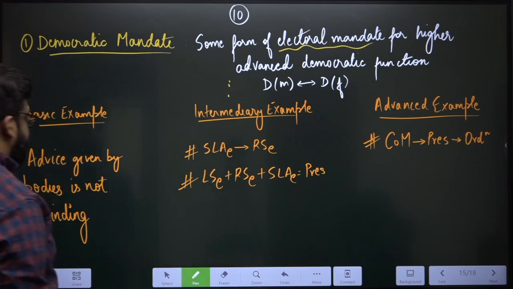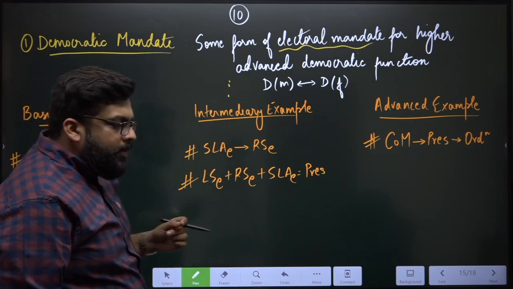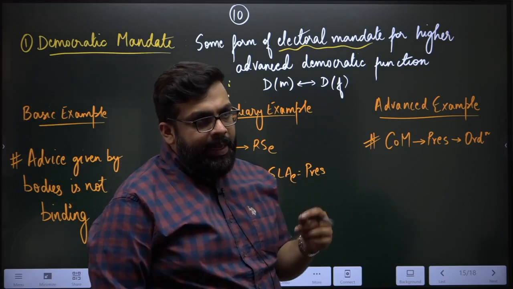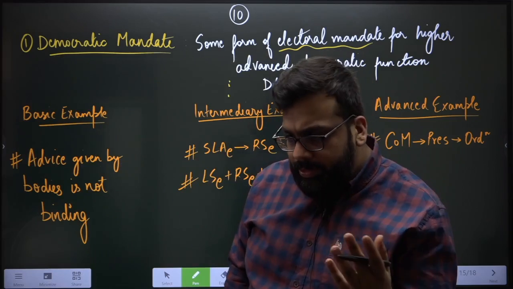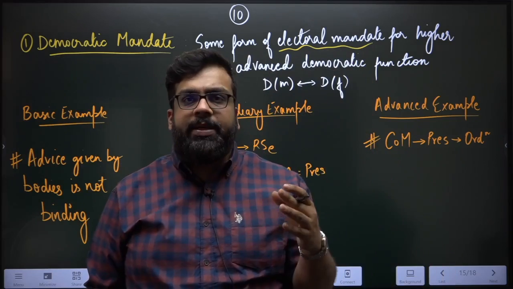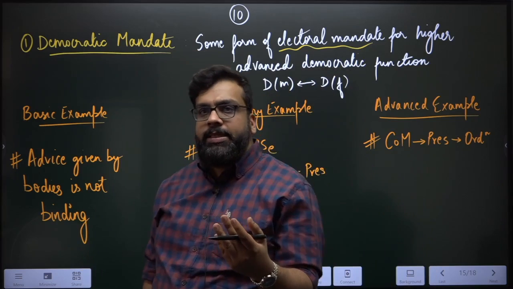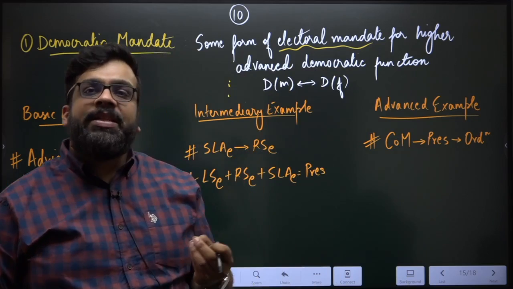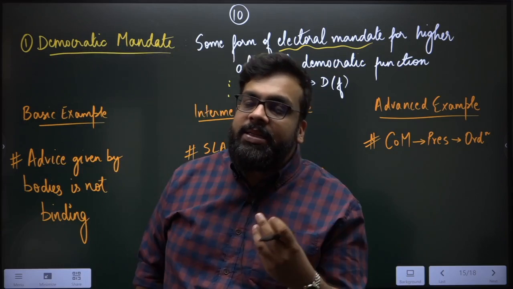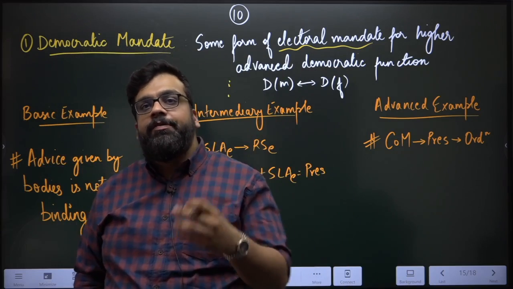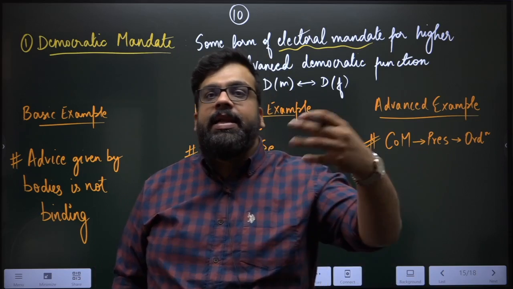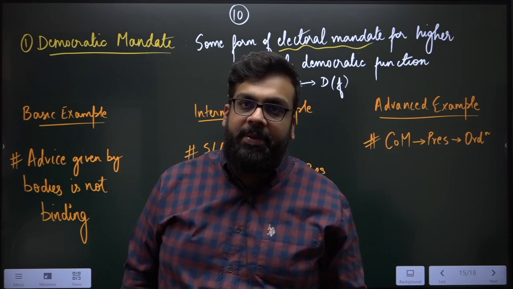Let's take a basic example. Why do you think advice given by anybody, whether it's a constitutional body or whether it's a statutory body, is always recommendatory in nature? Because bodies are appointed institutions. Appointed institutions can never give binding advice to an elected institution such as the government.